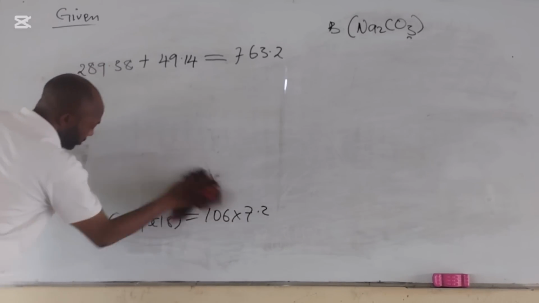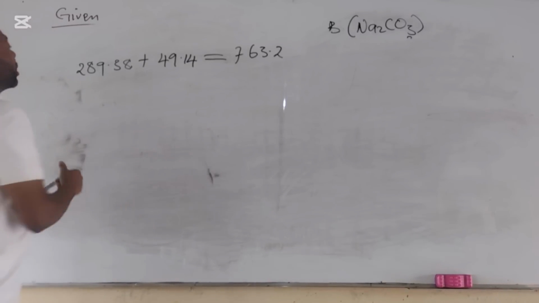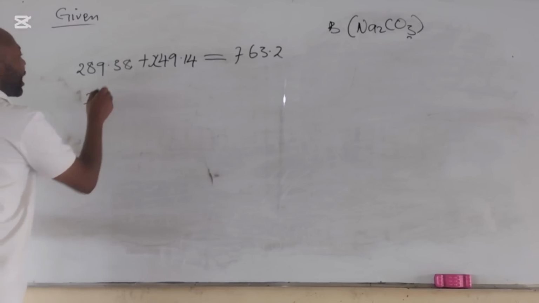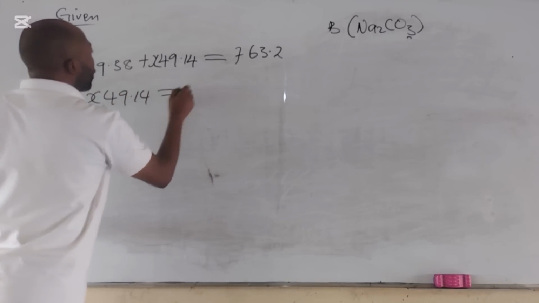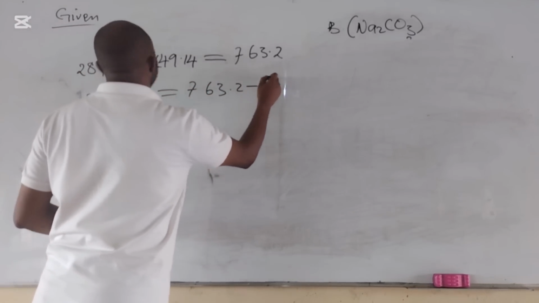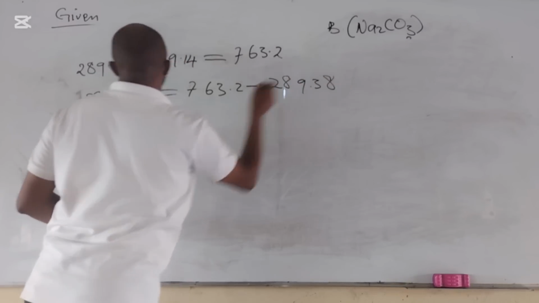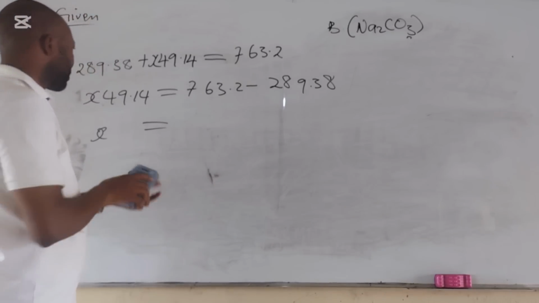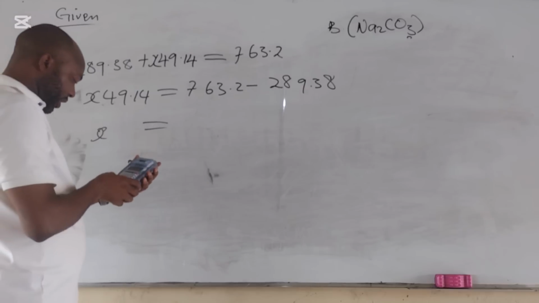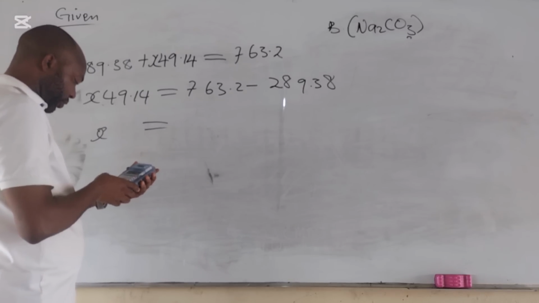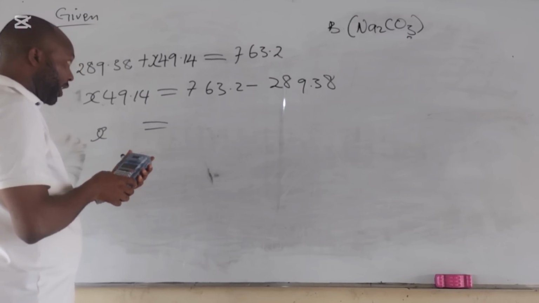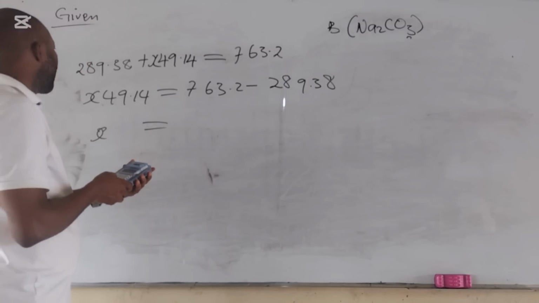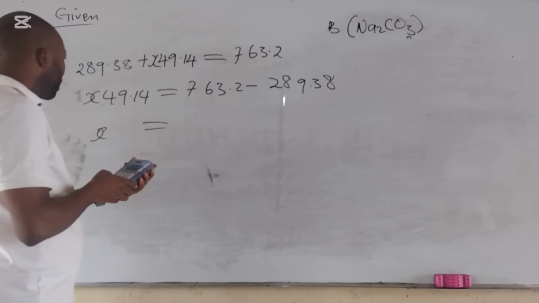Okay, from here, I make X the subject. 49.14X is equal to 763.2 minus 289.38. Now my X is equal to 763.2 minus 289.38, divided by 49.14.